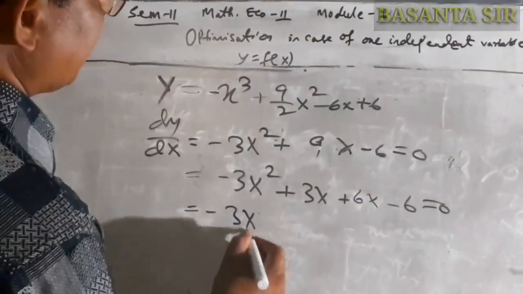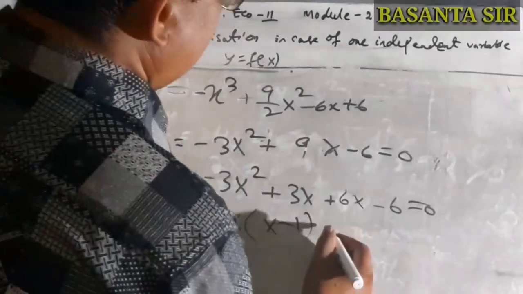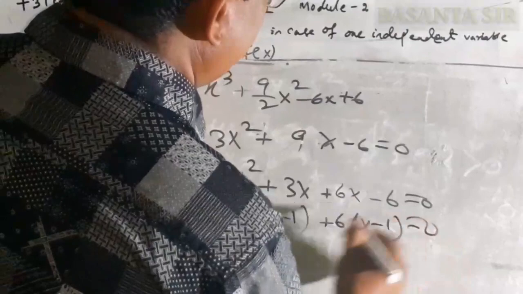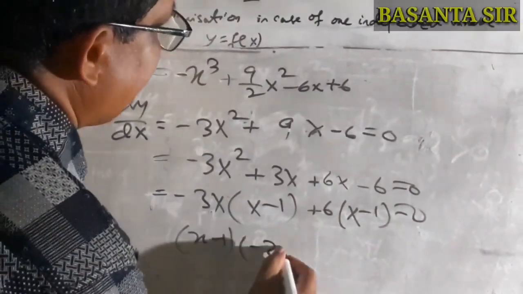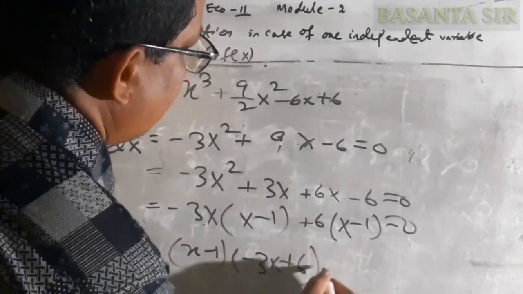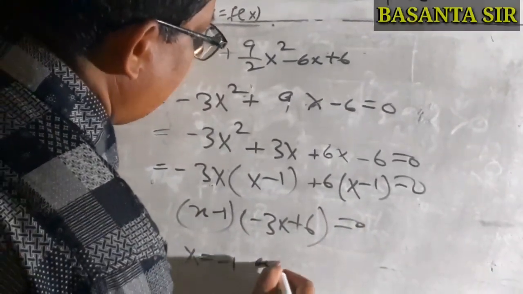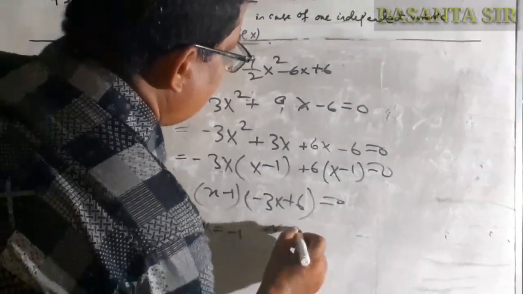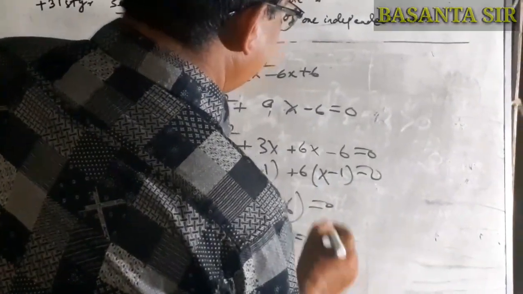Taking minus 3x common, x minus 1 plus 6 x minus 1 equal to 0. x minus 1 again taking common, minus 3x plus 6 equal to 0, x equal to minus 1 or x equal to 2.